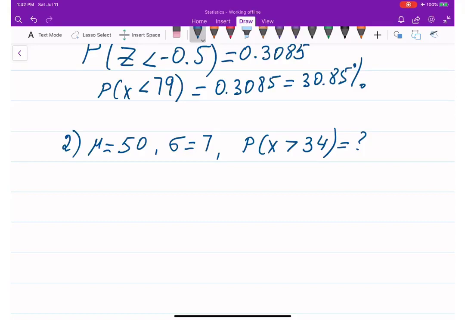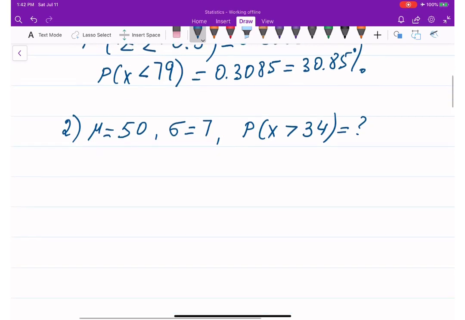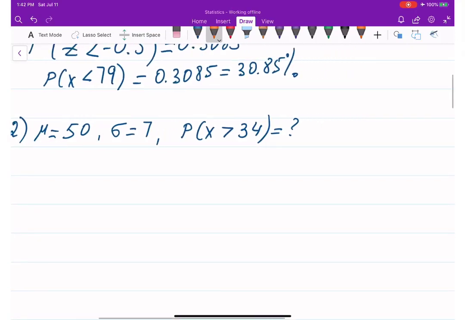Okay, very easy. Let's do drafting. Normal distribution. So let's say this is my 34. Oh no, it won't be 34.